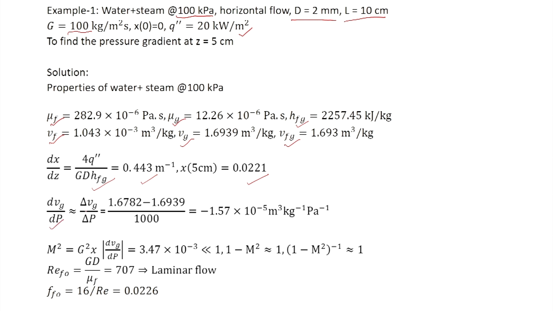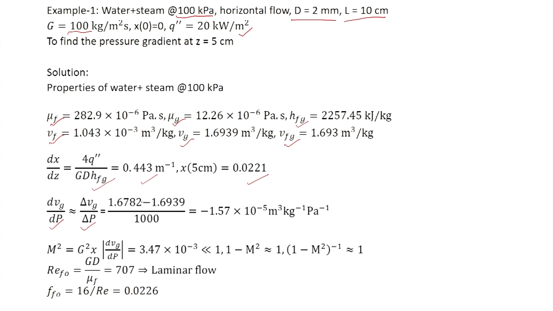So, for that we have to first calculate dVg by dP. This we will do by numerical differentiation as delta Vg upon delta P. So, we take two values of pressure which are slightly different and find the Vg for these two pressures and take the difference. So, 1000 Pascal pressure difference has been taken, that means 100 kilopascal and 101 kilopascal.